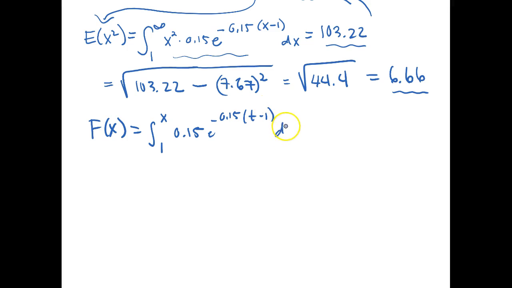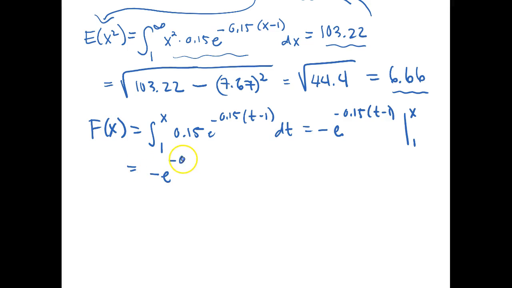So t is just a placeholder right now. And if we integrate this, we of course get negative e to the negative 0.15 (t minus 1) from 1 up to x.